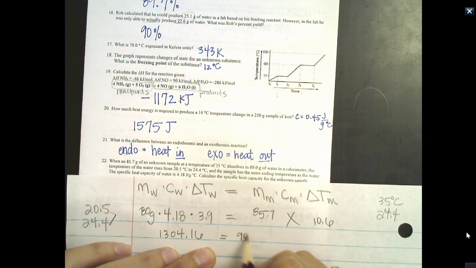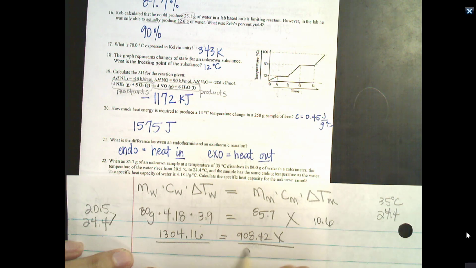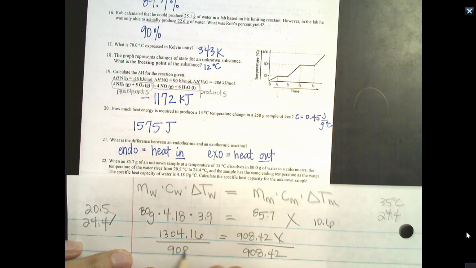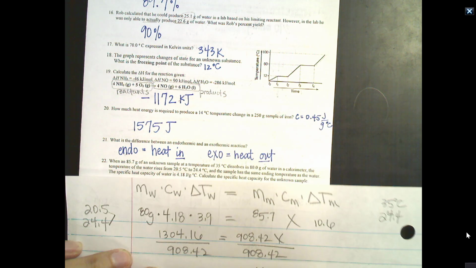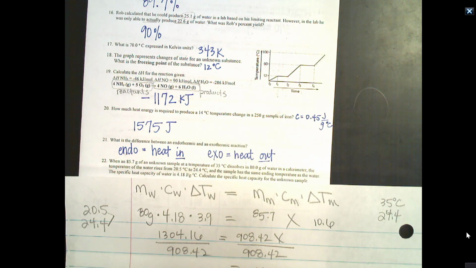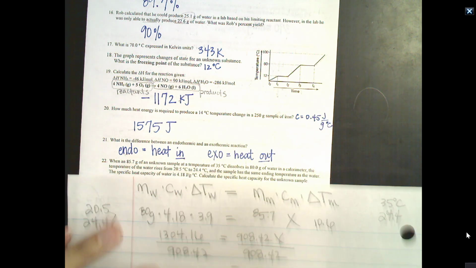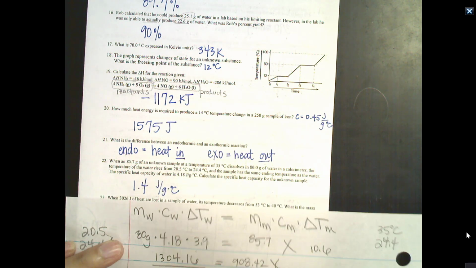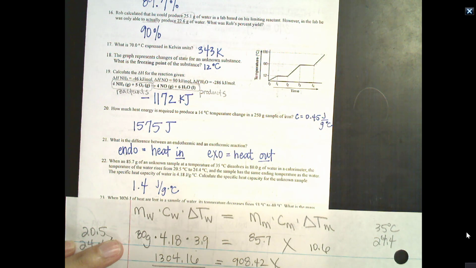That's 908.42x. Solve for x just like you would in math. And the specific heat capacity is equal to this number that we got right here, 1.4 joules per gram degree Celsius.